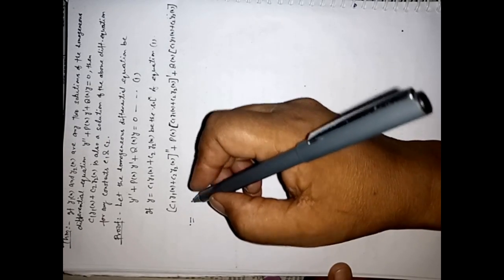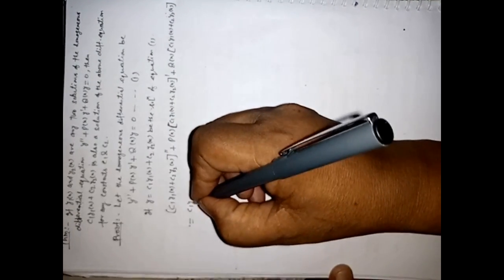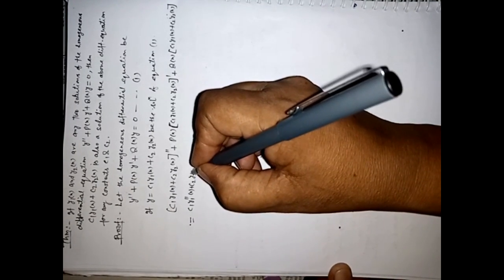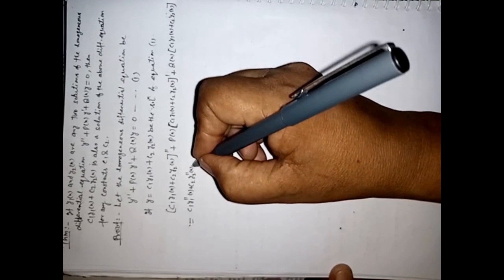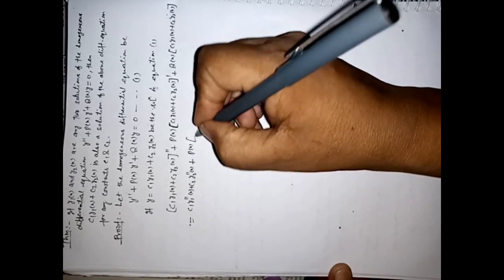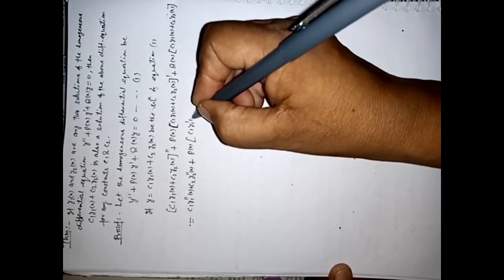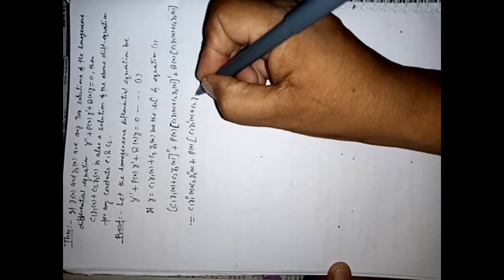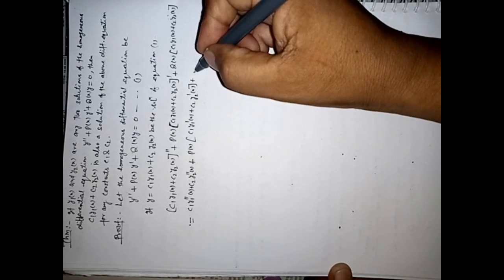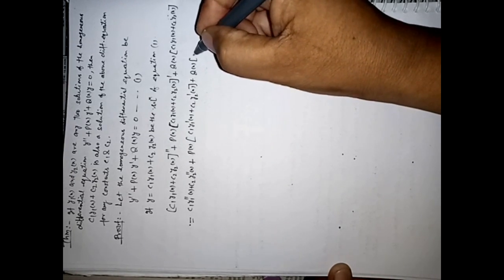This is equal to c1 y1 double dash x plus c2 y2 double dash x, the second derivatives, plus p(x) times c1 y1 dash x plus c2 y2 dash x, plus q(x) times c1 y1 x plus c2 y2 x.